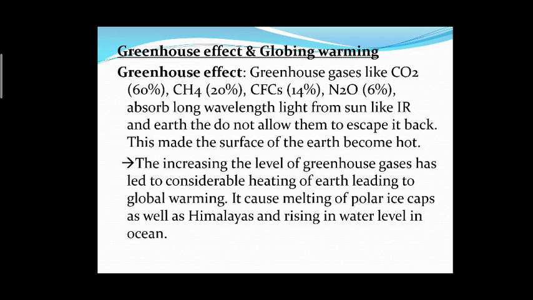CFC escapes from air conditioners, fridges, etc. N2O is also produced from vehicle exhaust, etc. This increases the trapping of infrared radiation, that is hot radiation, so that the Earth's temperature will increase enormously.